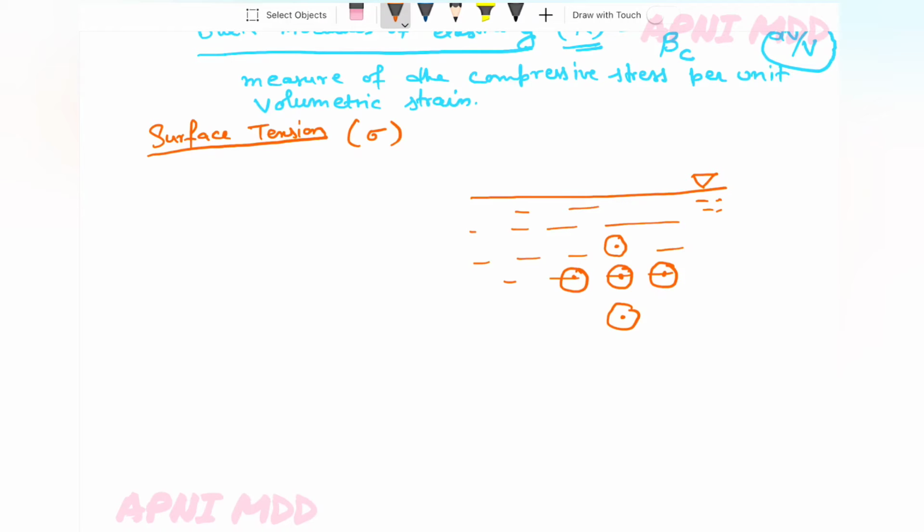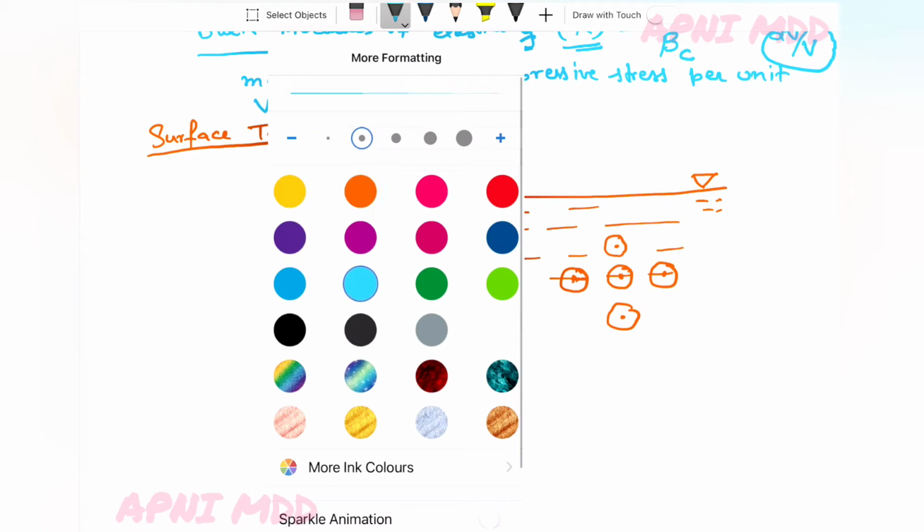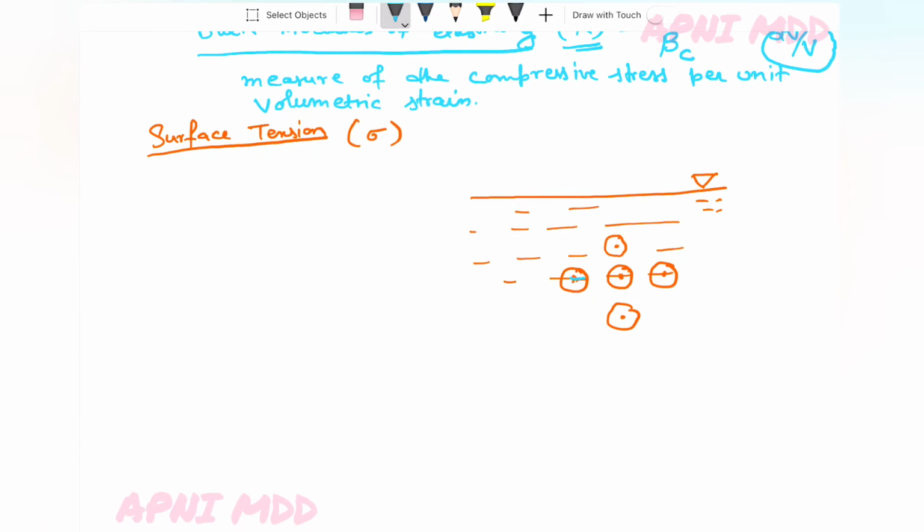So you can see between these two molecules there is a force of attraction. This molecule also has a force of attraction with this molecule. Similarly on this side.